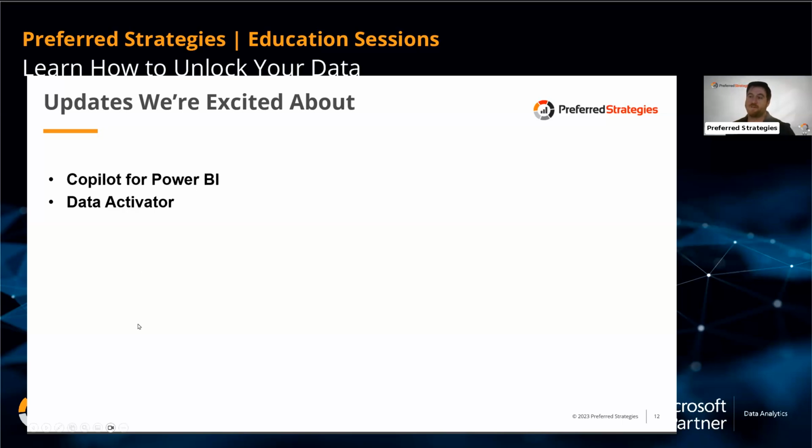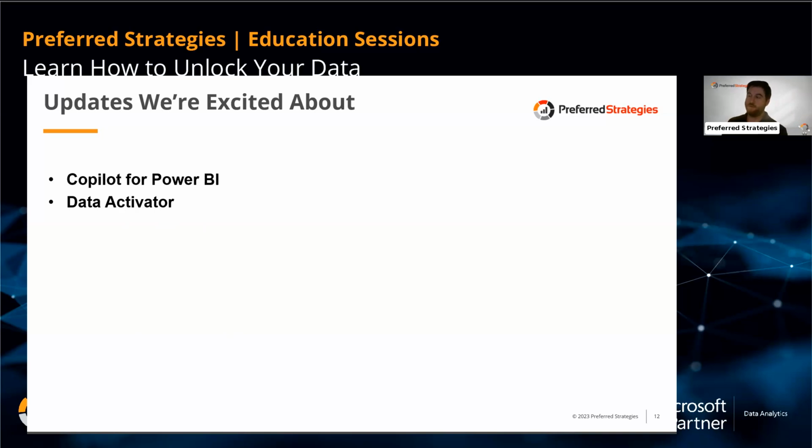As well as Data Activator. Data Activator is a tool within Fabric that allows you to set up rules and have those rules scan your data and have business processes automatically take place.